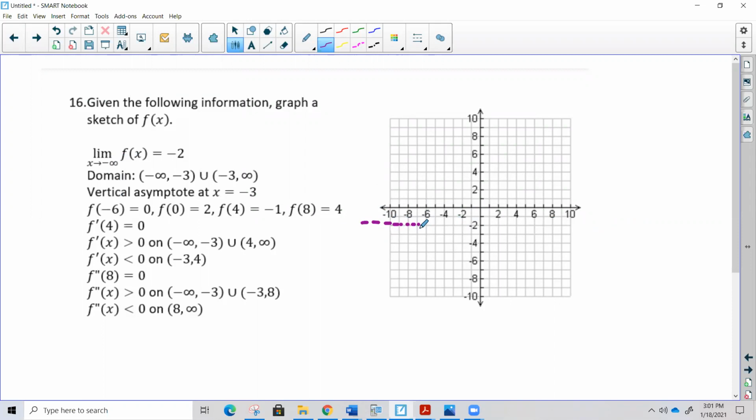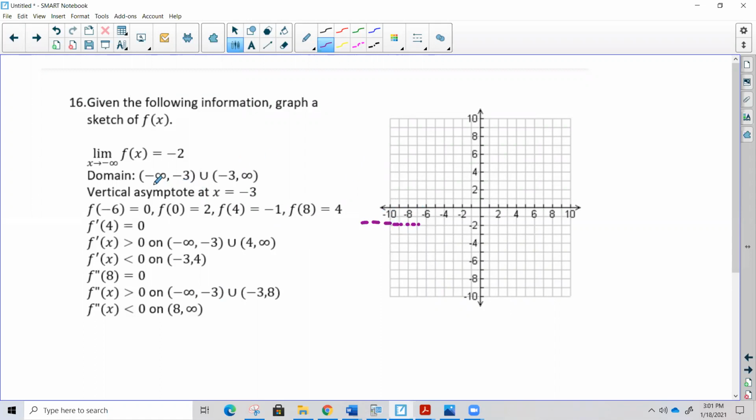And I know that my function is going to trace along this curve. Either it's going to be above it and going like that, or it's going to be below it and coming down from that. And I have to use the rest of the information to figure that out. But I just put that there so I remember not to go across that line as I go to negative infinity.